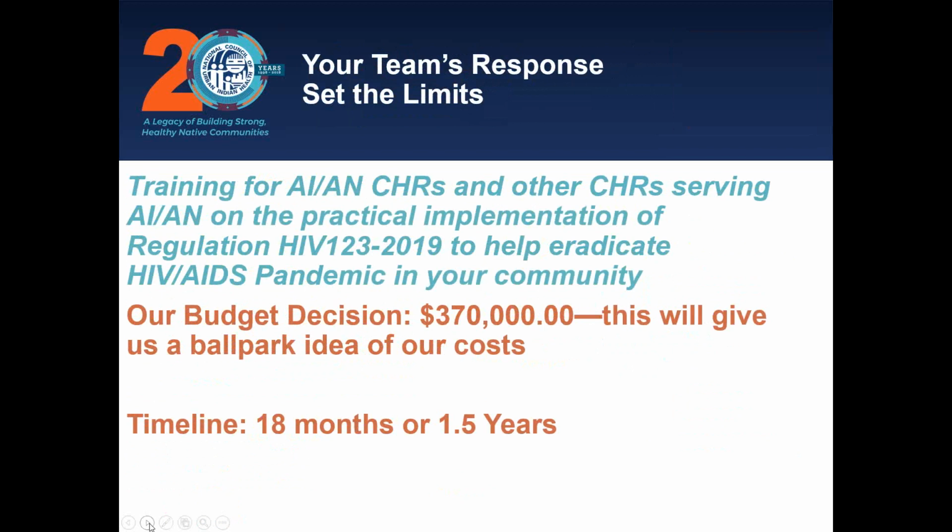So we come up with this idea of doing a training. We're just developing it, and then we'll make a ballpark decision. Let's go for our budget. I don't think that, with the activities that we're planning, we'll be able to go for the 500,000. But I think that with all of our ideas, we may get to 370,000. So it will be just a ballpark idea.